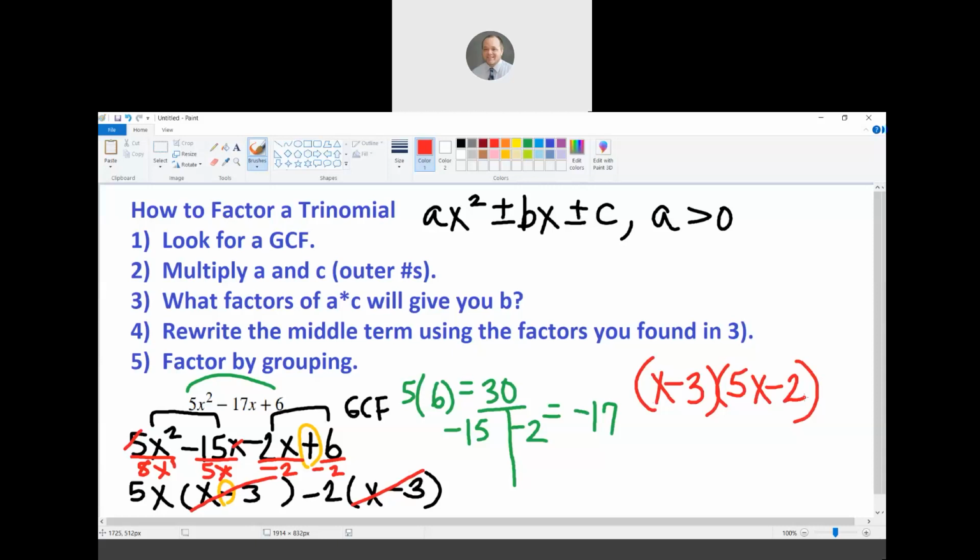So this is your final answer factored completely. Again, to check your answer, just multiply everything out and see if you got the original problem.